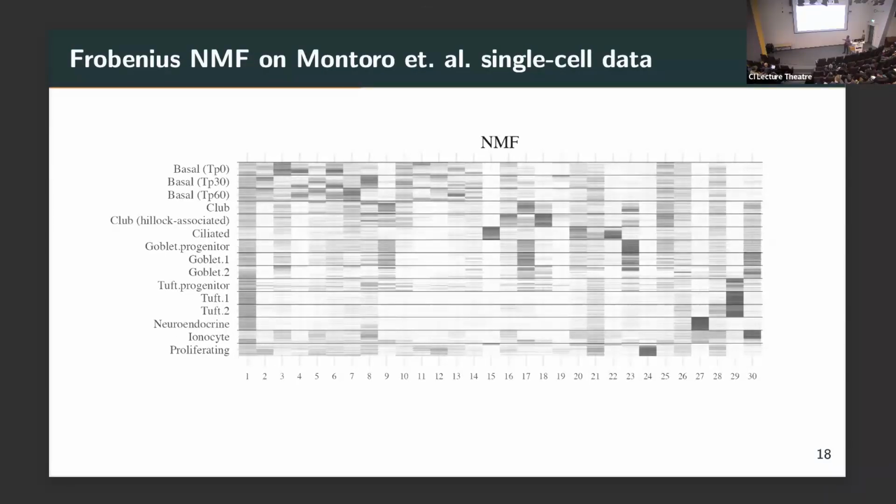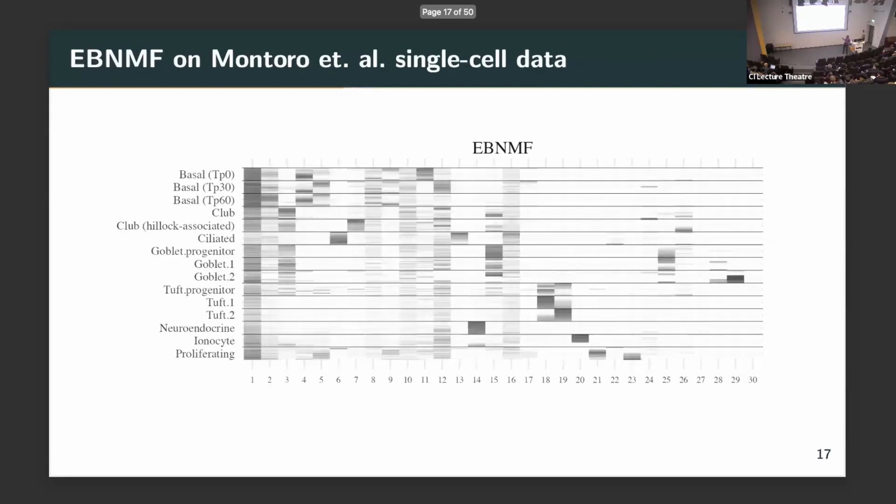You can see it's somewhat sparse, but not as sparse, and it doesn't have a factor that's specific to the pulmonary ionocytes. Maybe the closest one is this one, shared between neuroendocrine cells and ionocytes, and this one is a more broadly shared factor. There's not one that's specifically picking out the ionocytes. So maybe the sparsity is helping pick out something more important there.